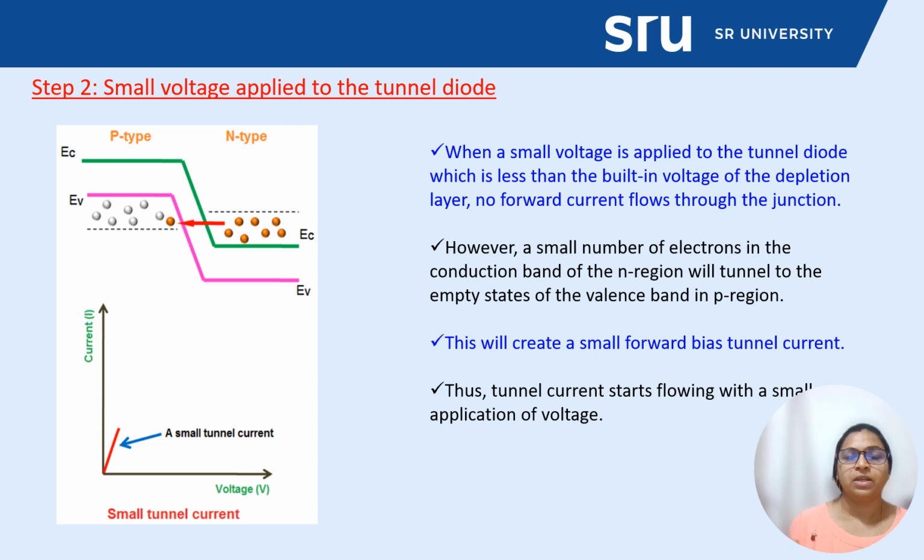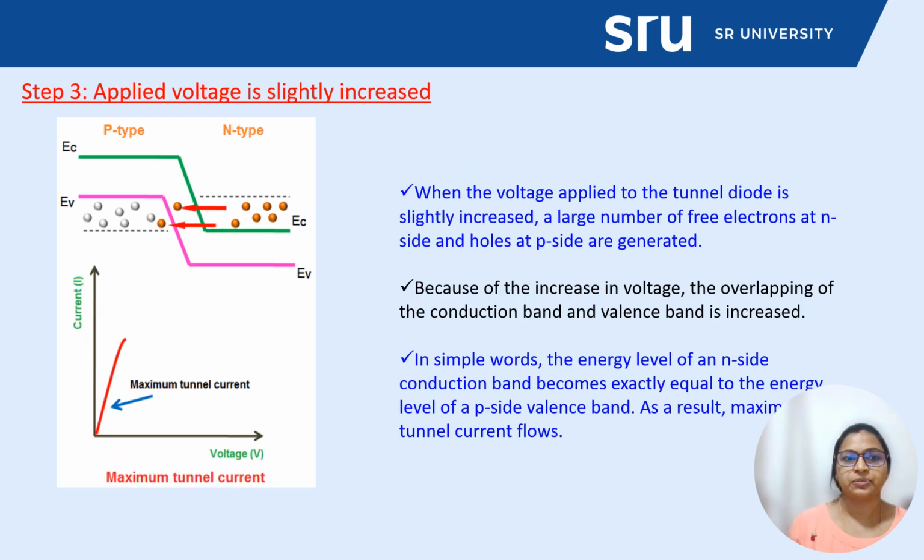So if we keep on increasing this voltage, what will happen in the next step? When the voltage applied to the tunnel diode is slightly increased, a large number of free electrons at the N side and holes at the P side are generated. Because of the increase in voltage, the overlapping of the conduction band and valence band increases.